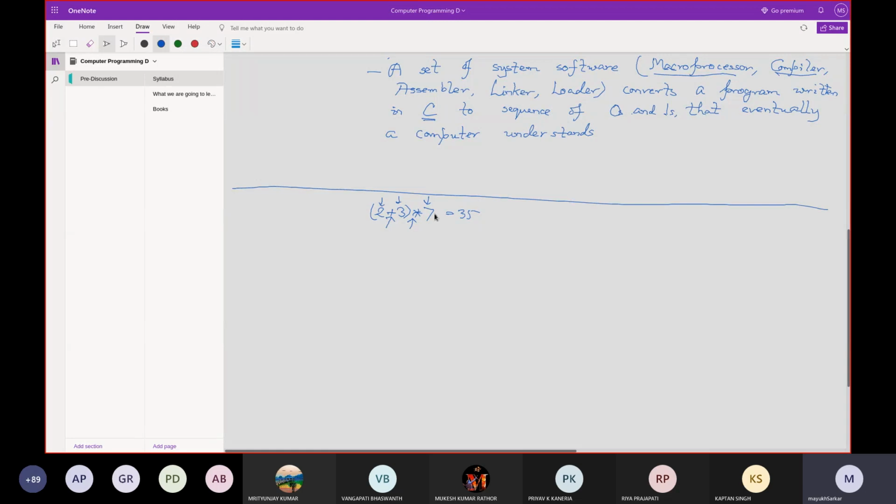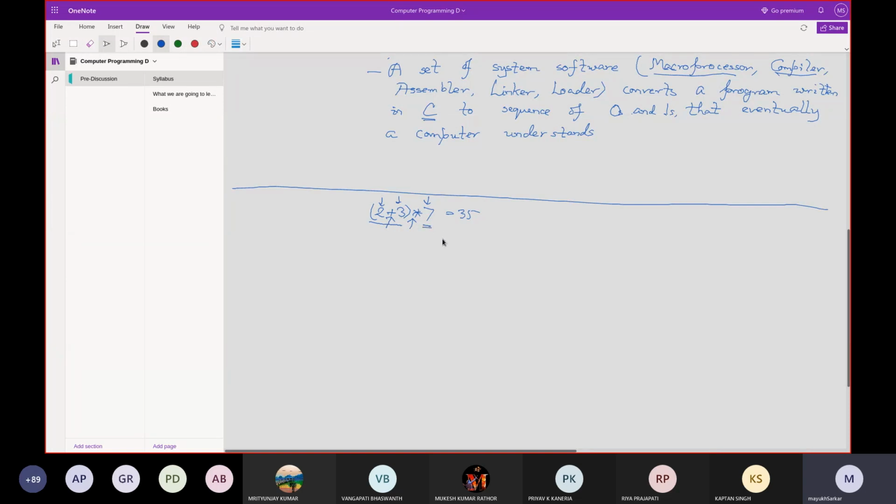When we write an expression, we write it using appropriate operands and the operators operating on those operands. For example, here the plus operator is operating on the operands 2 and 3. The result is being calculated. Then the multiplication operator is working on the result of this expression and operand 7.